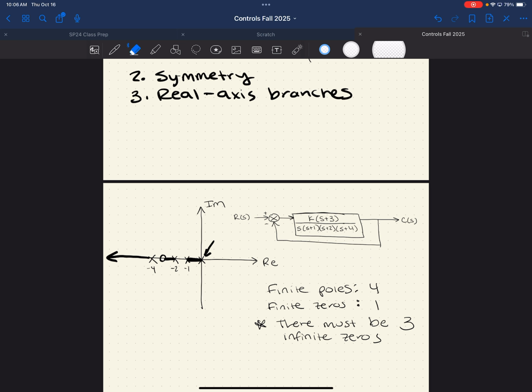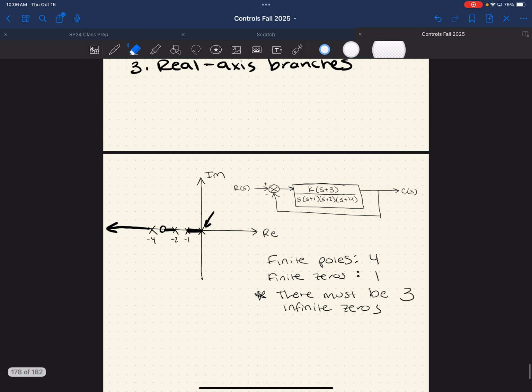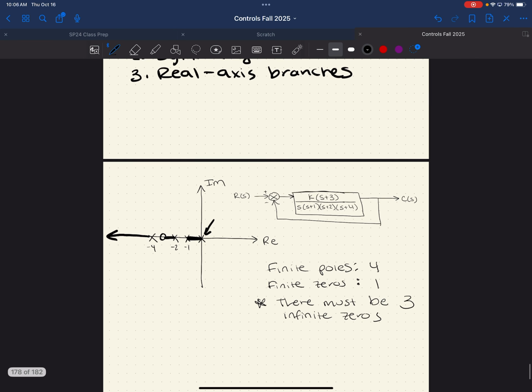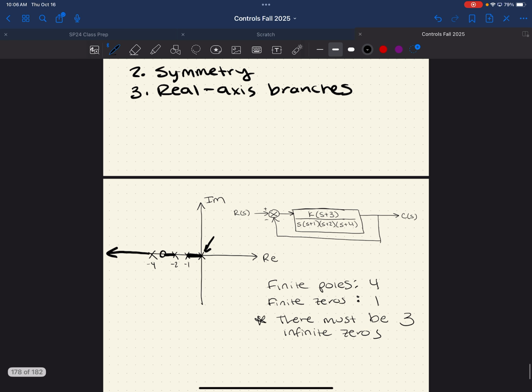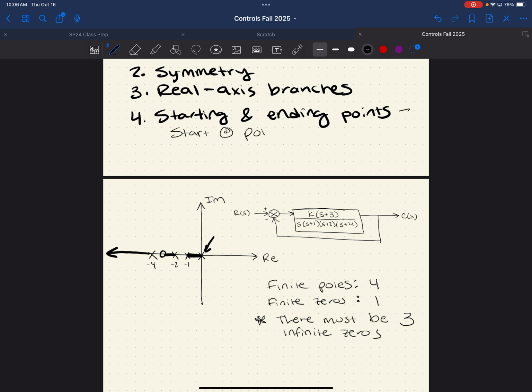Okay. Now let's look at starting and ending points. We know branches start at poles and end at zeros.